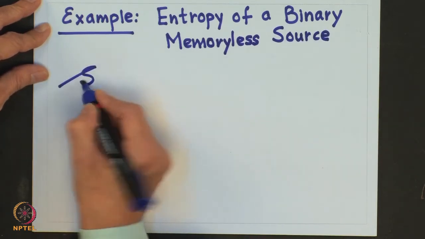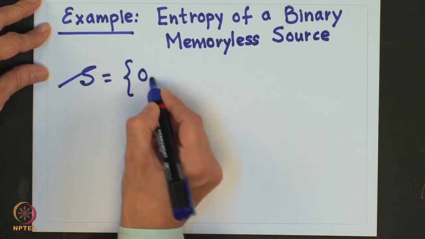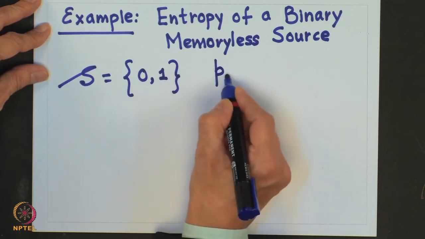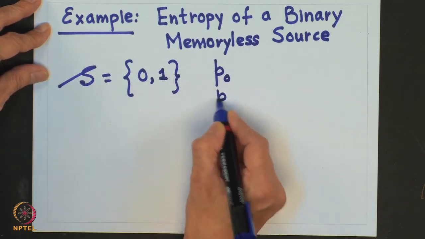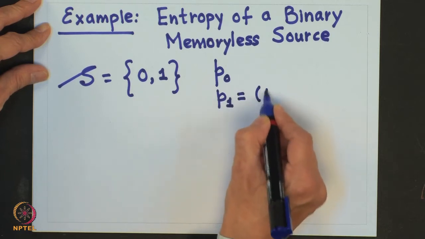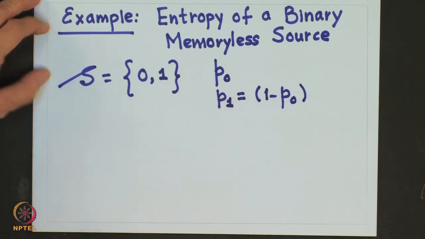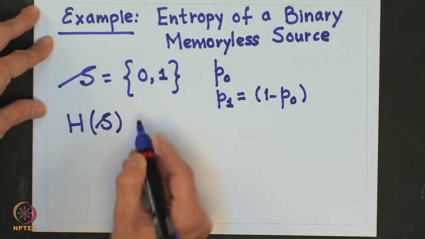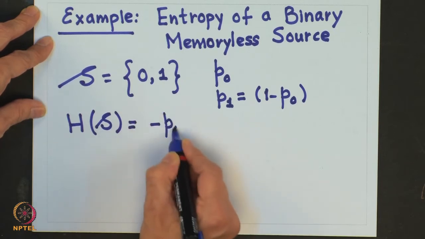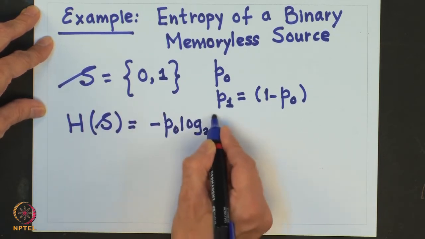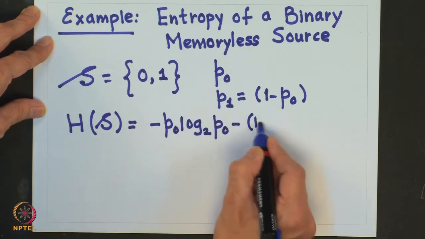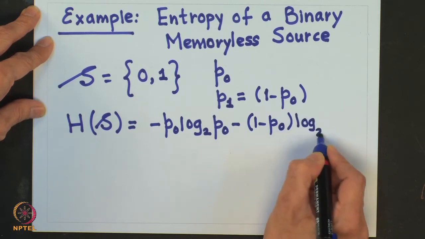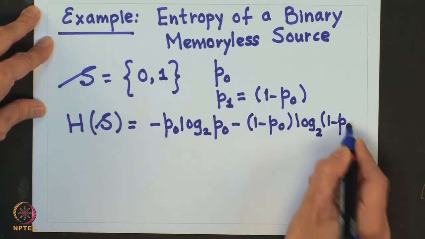So, in this case the source alphabet will be 2 bits, 0 and 1. Let us assume the probability is P0 and P1 will be obviously equal to 1 minus P0. So, the entropy for this source would be equal to minus P0 log to the base 2 P0 minus 1 minus P0 log to the base 2 of 1 minus P0.